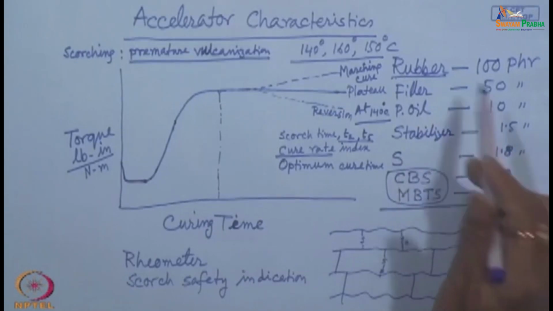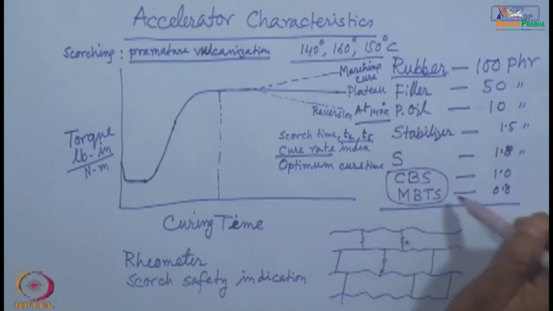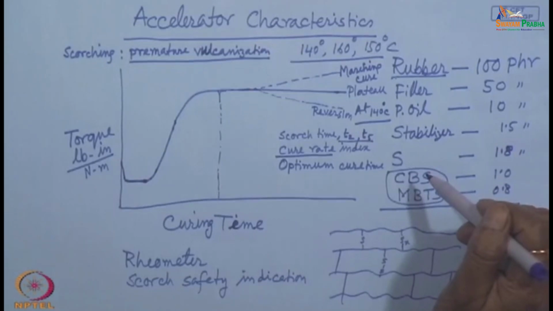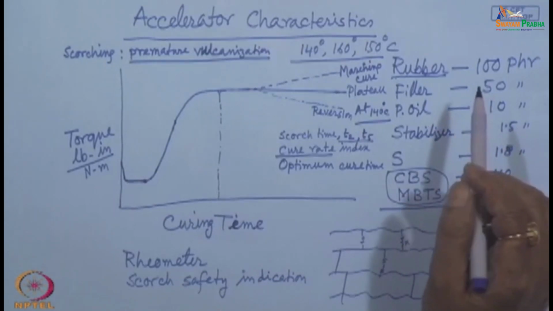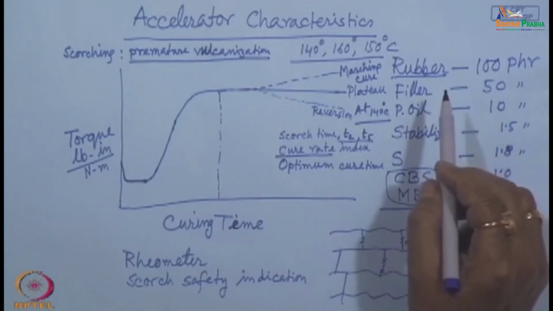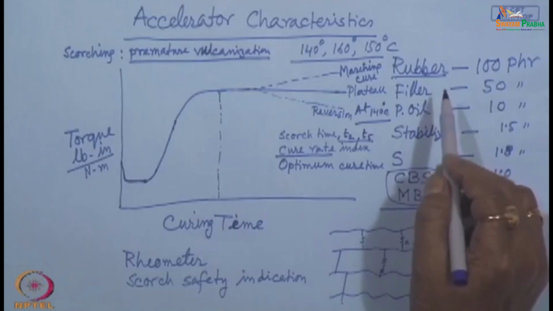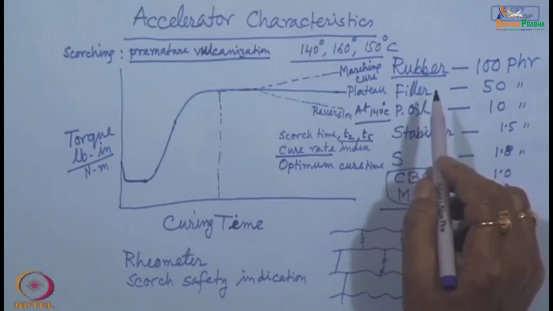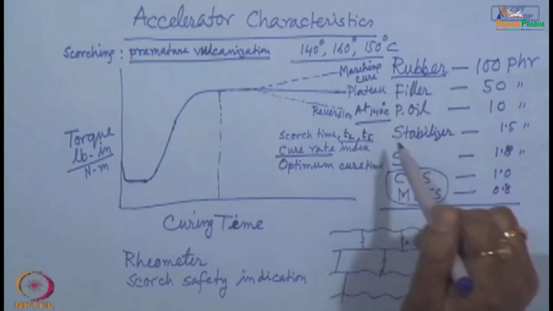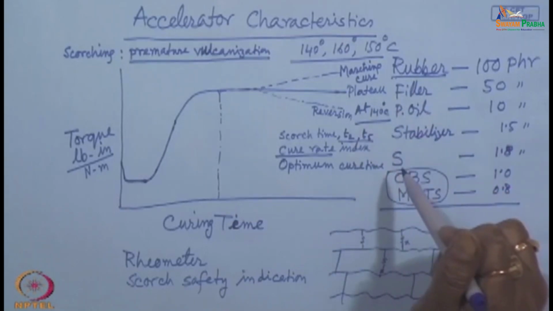Not only that, after compounding, that rubber compound is used for fabrication, to give a shape to that product, say making a tire product or making a tube or making a profile. So, that passes through some machineries, say extruder machine or curing mold, curing press, etc. During that period, the compound should not start any premature cross linking.